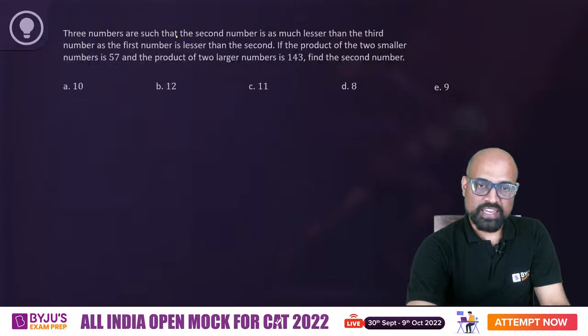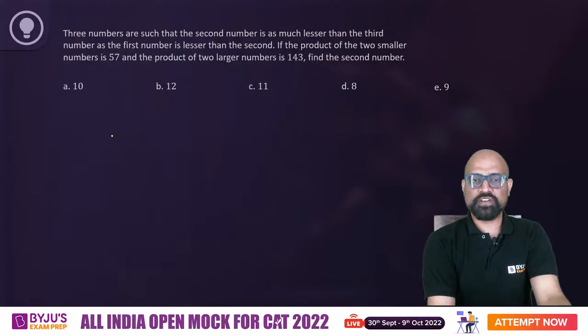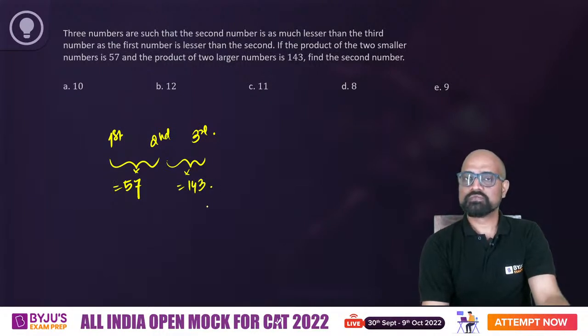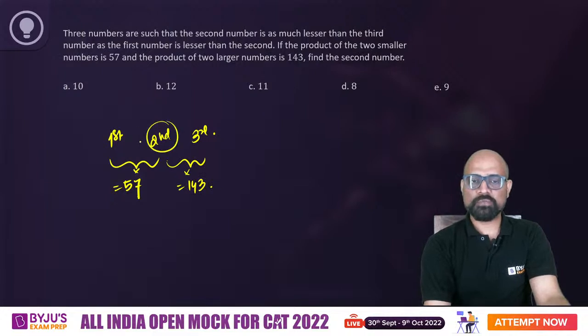So again, we have the options. So it's given that there are three numbers. First number, second number, third number. Product of the two smaller numbers is 57. Multiply करोगे तो. And product of the two larger numbers is 143. You have to find the second number. If you have to find the second number, option se put kar lo na.